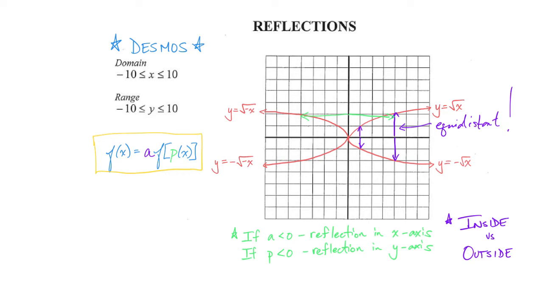That means I'm reflecting it across my y-axis. So notice that that inside versus outside relationship is true for reflections as well. That's nice because that makes it universal. Okay, pause the video if you need a moment to get all of that stuff down. As soon as you're ready, then let's jump in and take a look at the bottom part of that page.